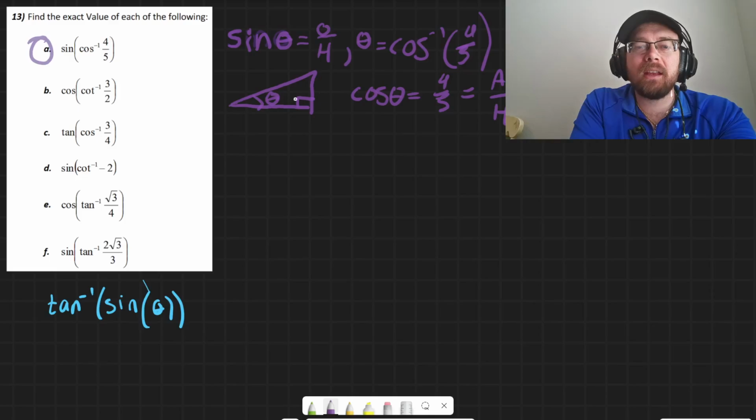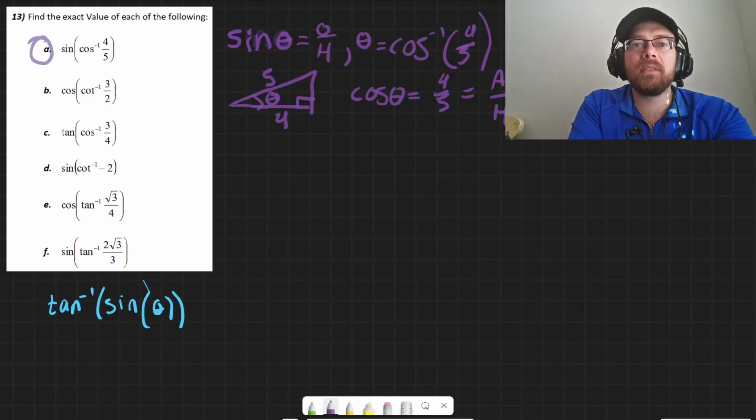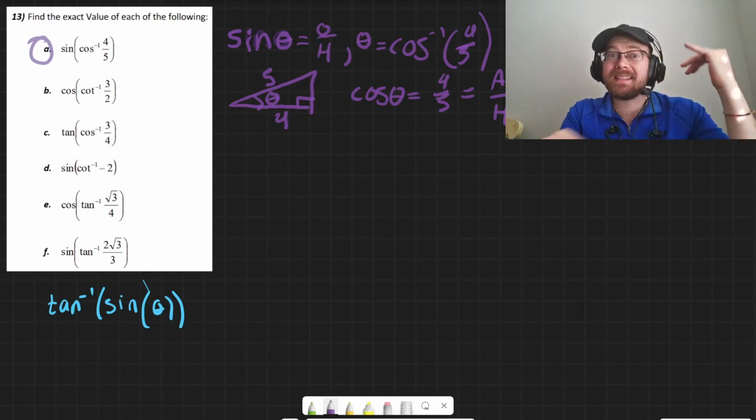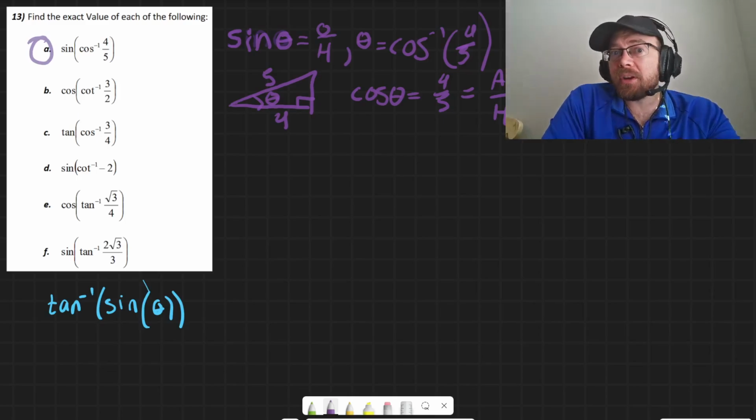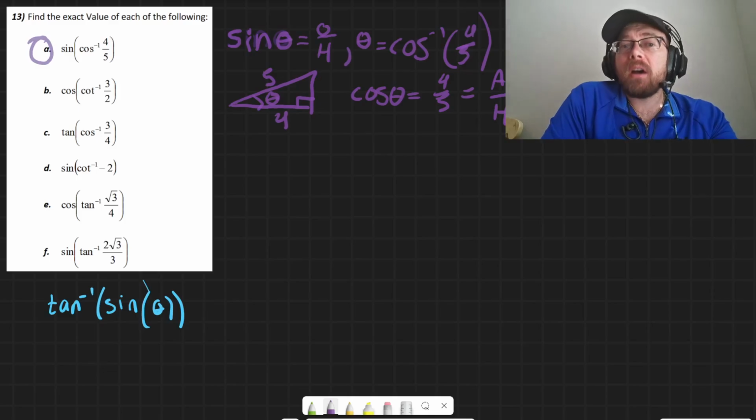So if this is the angle here, if the adjacent is 4, then the hypotenuse is 5. Well, look, that makes a right triangle, because when we're talking about basic sine, cosine, tangent, the basic trig ratios, they're set up to where they're the opposite, the adjacent, or the hypotenuse, the 3 sides of a right triangle.